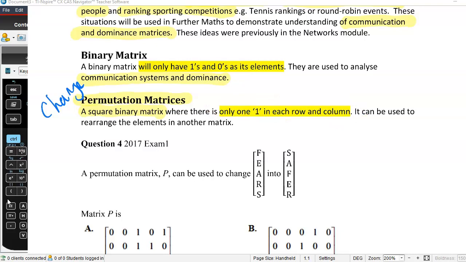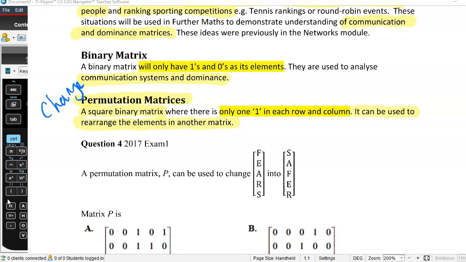Everything else is zero. What is it used for? It can be used to rearrange the elements in another matrix. So it changes the order that another matrix is in. It rearranges it.